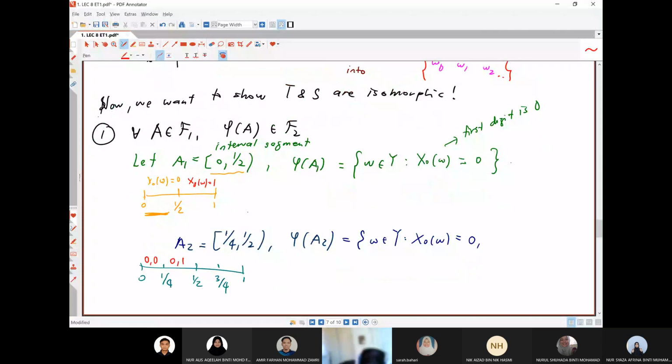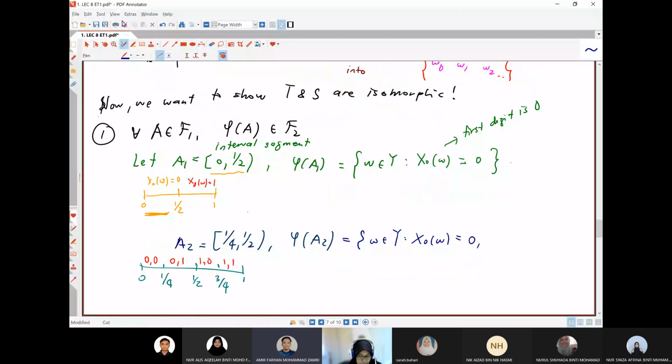For the third interval segment, the first digit is 1, the second digit is 0. And for the fourth interval segment, you will have the first digit 1 and the second digit is 1. Is that okay? Is that okay, this part?